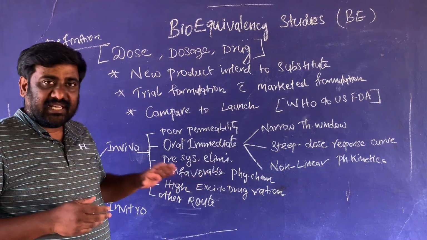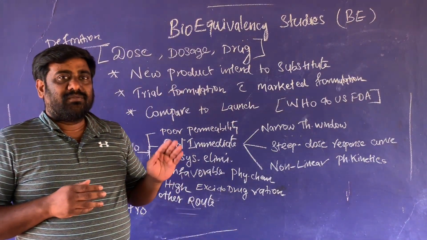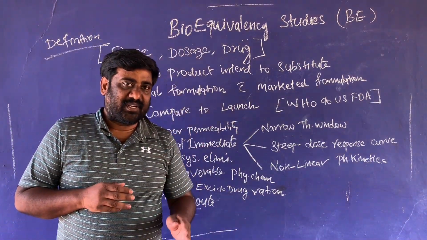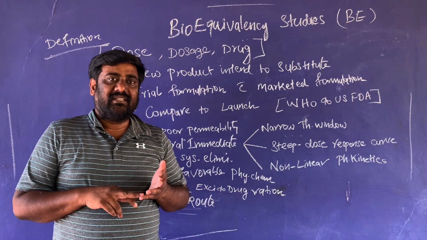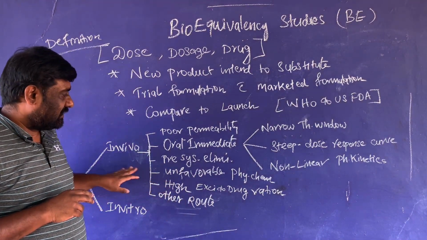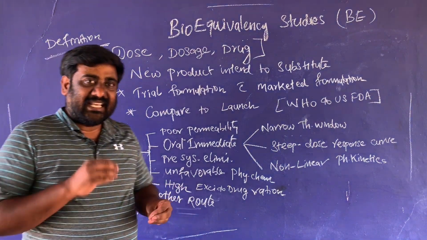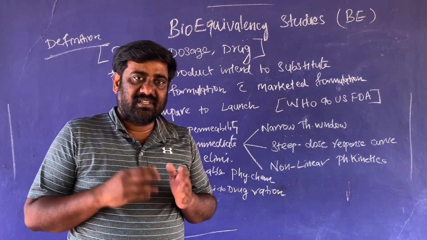And if the product has unfavorable biophysicochemical properties like insolubility or instability, we prefer in vivo studies. Or if the ratio of excipient to drug used in the formulation is high.